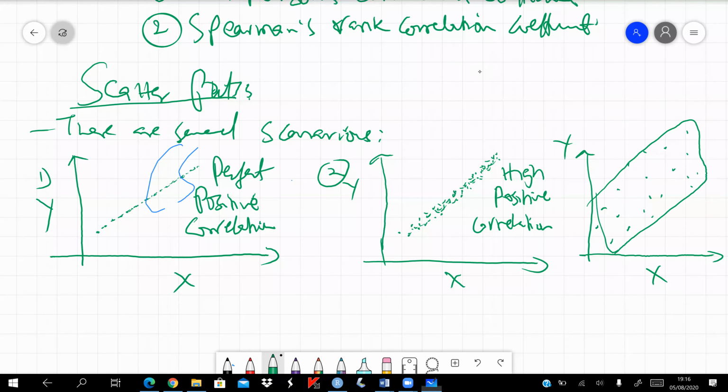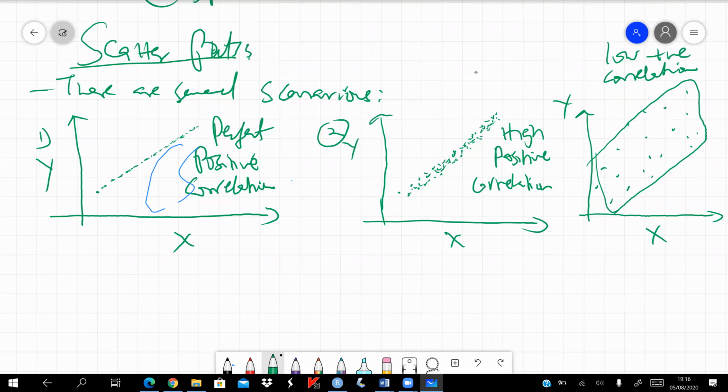But there's evidence of positive slope. So this one, you can call it either moderate or low positive correlation. So that's where the subjectivity comes in. Somebody may want to call it low, somebody may want to call it moderate. Okay, so there's some freedom of how you express it. All right, so this is number 3.